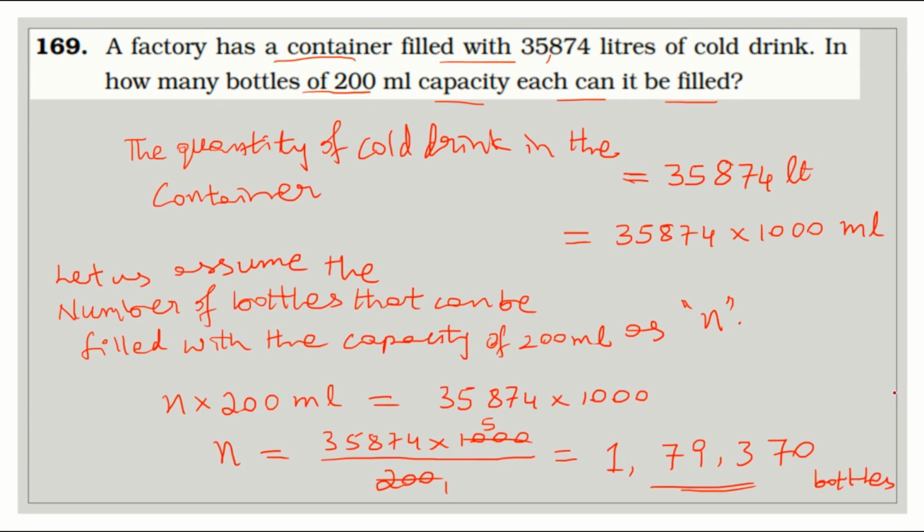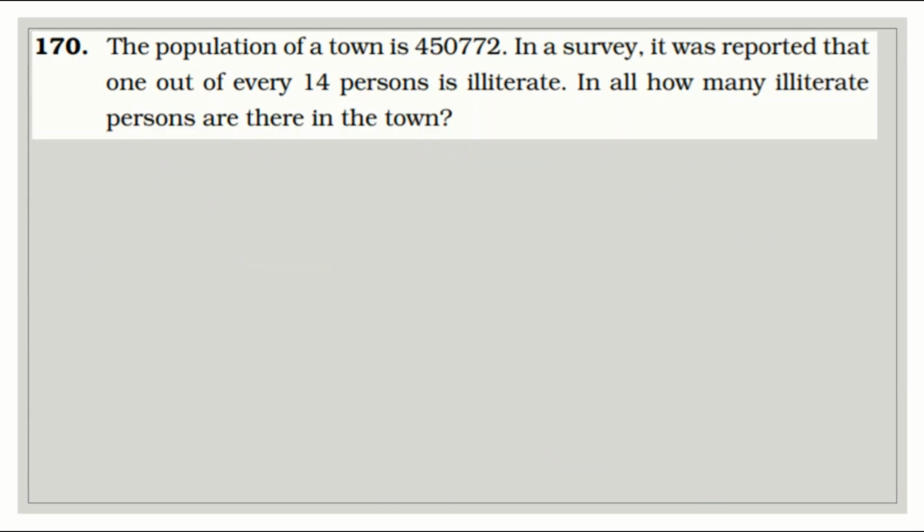Next, coming to question number 170, the population of a town is 4,50,772. In a survey, it was reported that 1 out of every 14 persons is illiterate. Now, how many illiterate persons are there in the town?